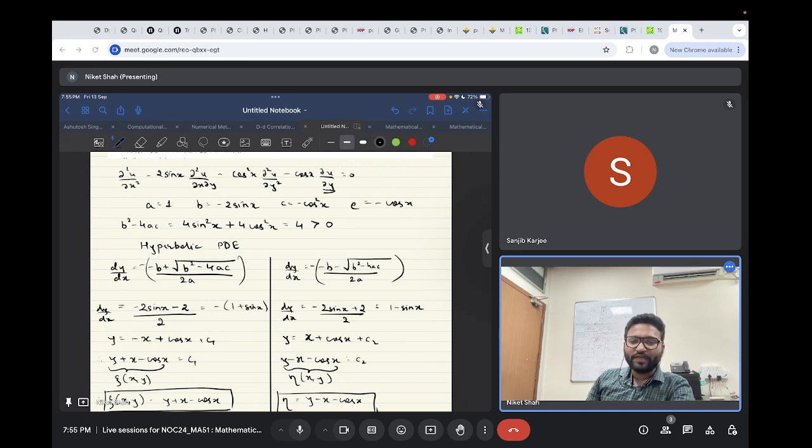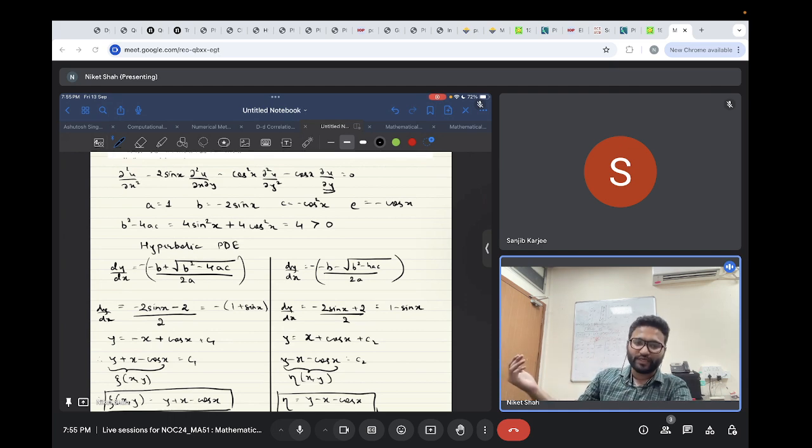And generally, it becomes much more difficult to solve when we have all three kinds of second order terms. So canonical form means we should have either del square u by del x square and del square u by del y square, both in the equation, or just del square u by del x del y in the equation.